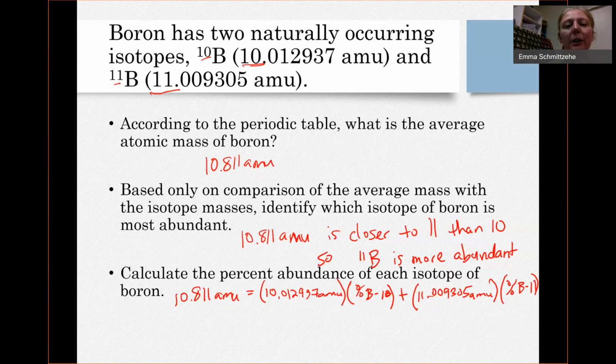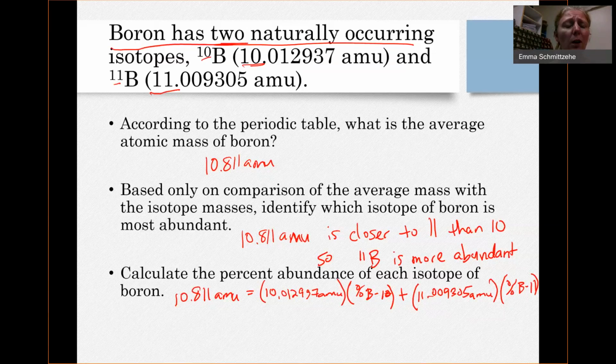The key here is we say that boron has two naturally occurring isotopes. So only two. You're not missing any other information. There's not more pieces to that equation. What you need to realize is if it only has two things, then those make up the entire sample.